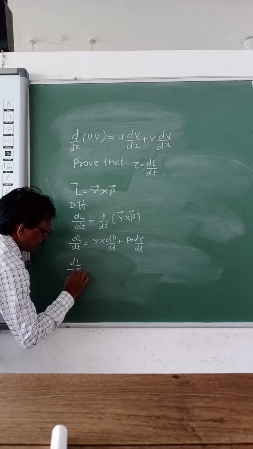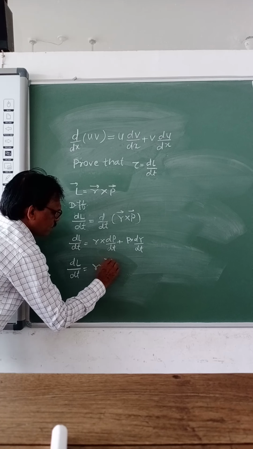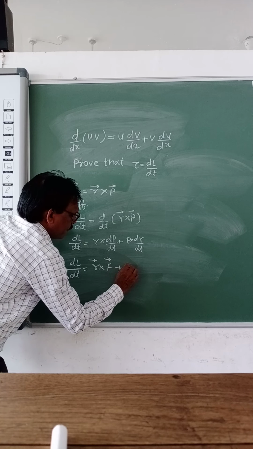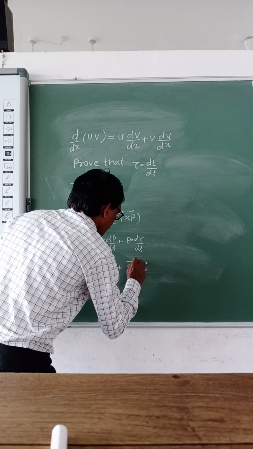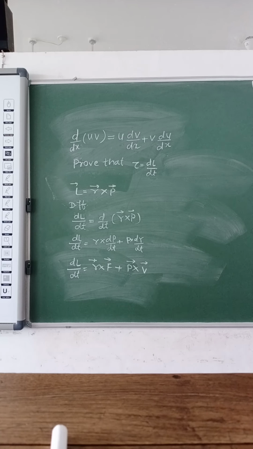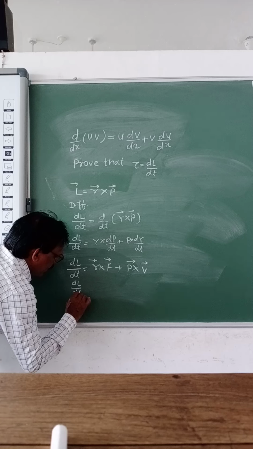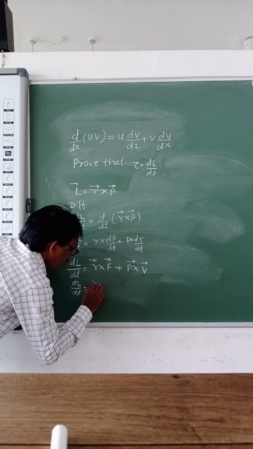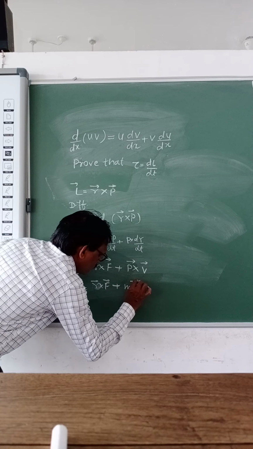So dL by dt equals R cross dp by dt, the rate of change of linear momentum, that is force, plus dr by dt cross p, where the rate of change of distance is the instantaneous velocity. R cross F is nothing but torque, tau, and the other term is m v cross v.